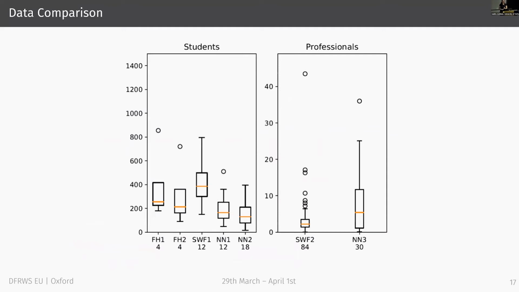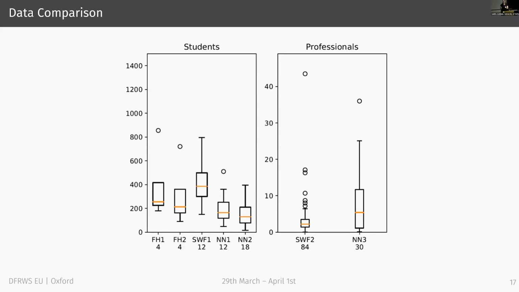This is another plot I want to show you. As before, I will first explain the plot and then we have a look at the comparison. On the x-axis, you can see the different experiments and the number of images classified as forgery or original. On the y-axis, you can see the effort in minutes.